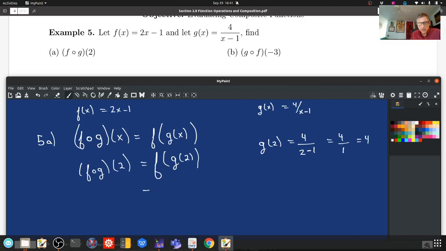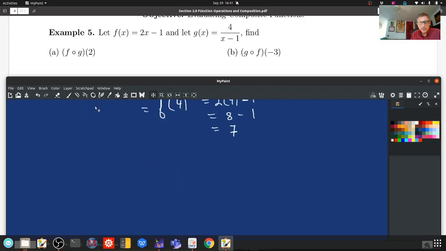So then I just rewrite: f evaluated at g of 2 is f of 4. But f of 4 is 2 times 4 minus 1, which is 8 minus 1, which is 7.